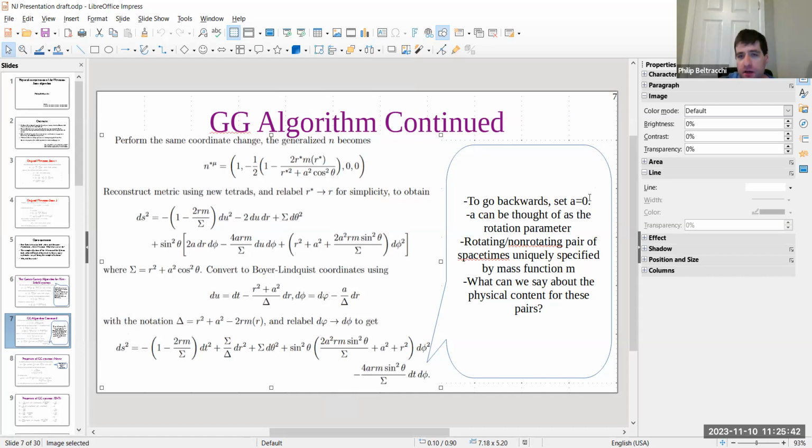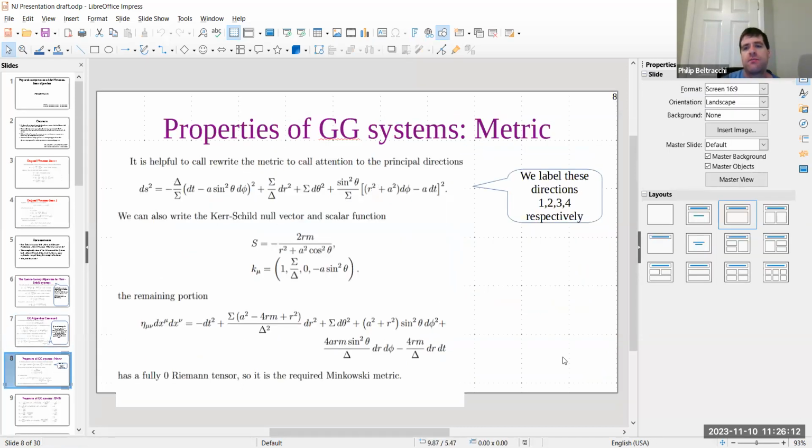And we have a family of spacetimes for different values of a, which are dependent on the function m, which is the same function in the rotating and non-rotating case. So in order to analyze the physical content of these, it's easier to first put the metric into some new forms.